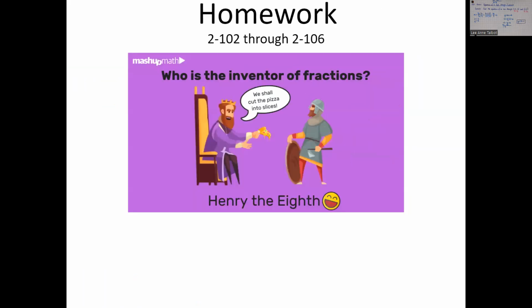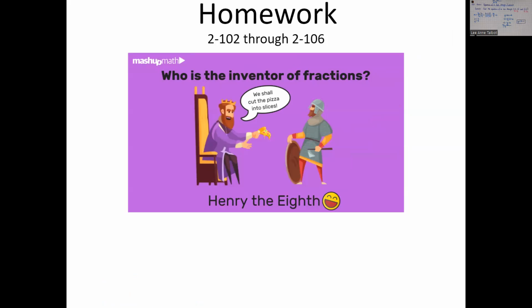Homework is 102 through 106, and here is my joke. It says, who is the inventor of fractions? Henry VIII. I don't think, sorry. 1/8, like an 8. Oh, yeah. The 8, yeah, 1/8. Okay, but that's actually not true. That's a joke.